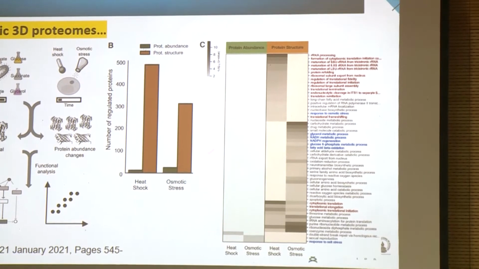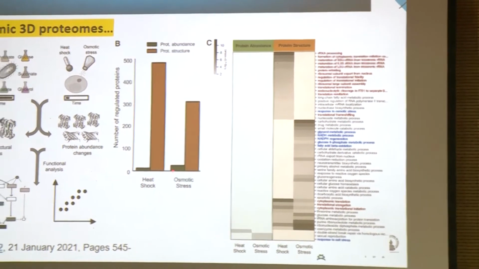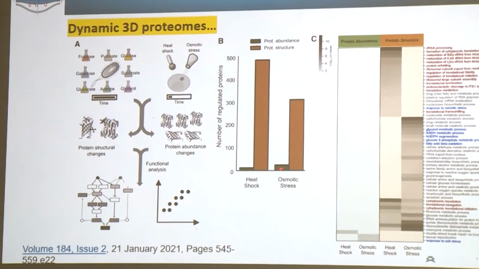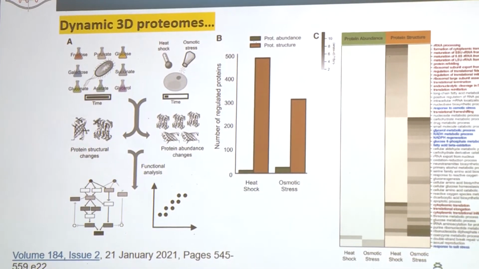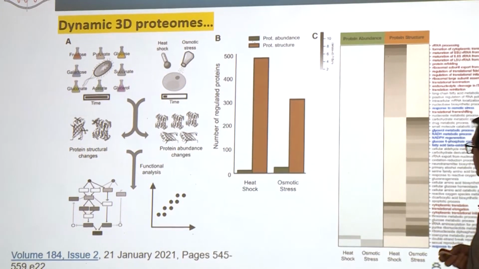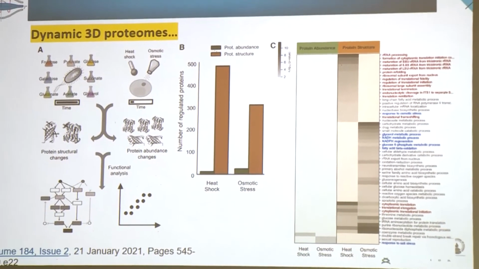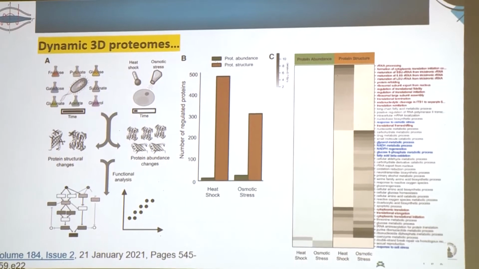So you can see here a map at the proteomic level of the change produced by using an external aggression on the cell.